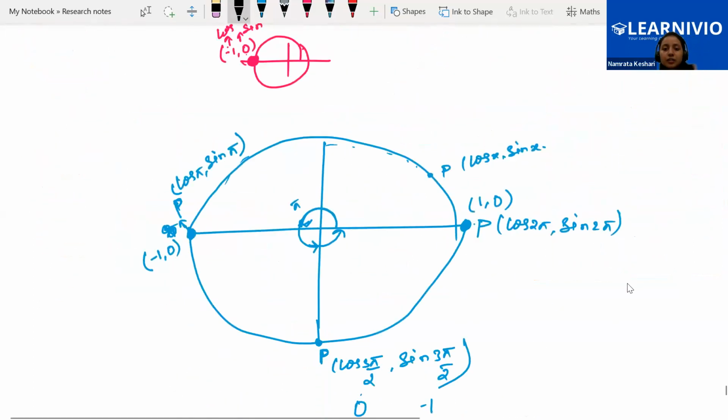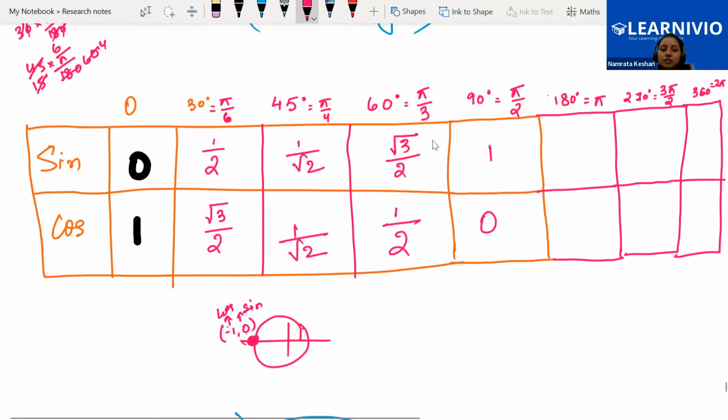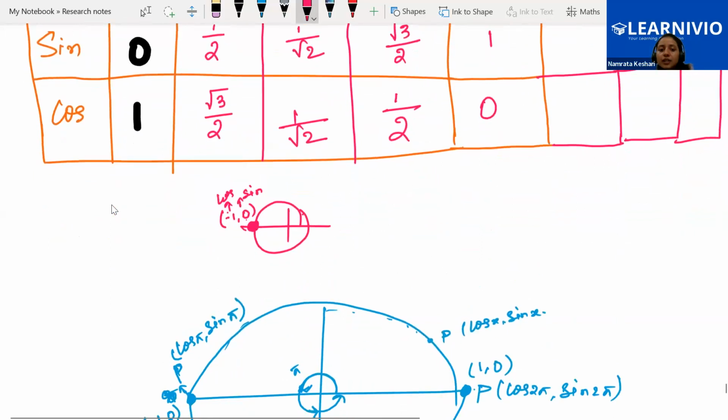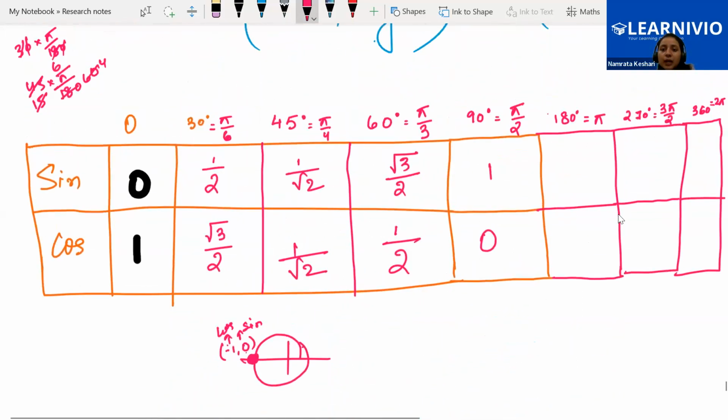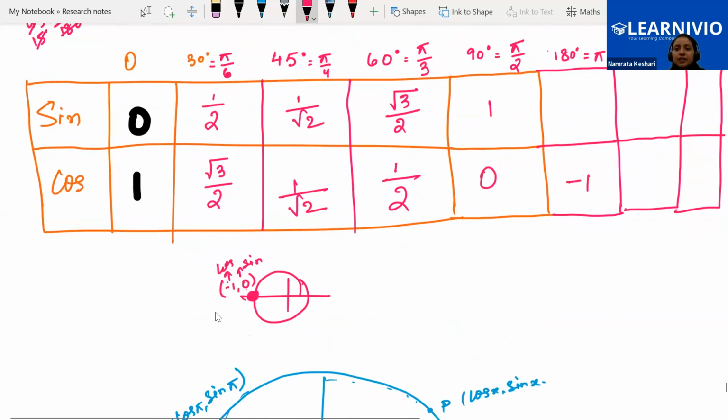Just a moment. We have discussed the sequence over here, and that sequence I have just filled in. Without checking, I first wrote sine in this table and then cos. So cos pi is minus 1 and sine pi is 0.